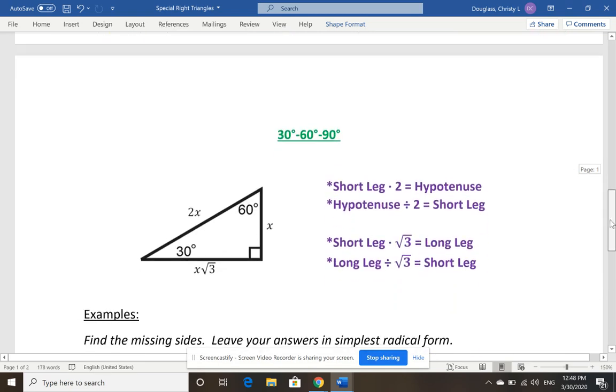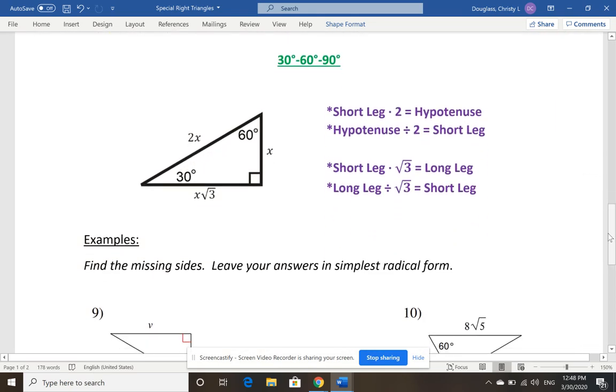Let's take a look at the next special right triangle, the 30, 60, 90. The 30, 60, 90 is a little more complicated because we have 3 sides that are all different lengths.